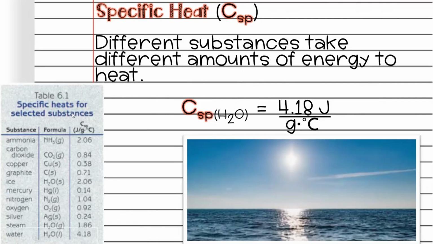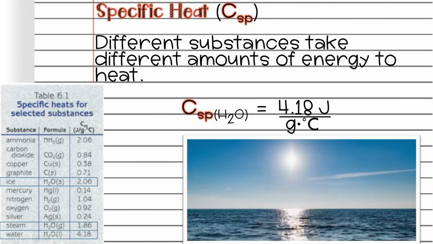So table 6.1 in your book gives the specific heats for several different substances. Water is down here at the bottom. Liquid water has a specific heat of 4.18. Now notice that you really have to be careful and pay attention to what state the water is in.